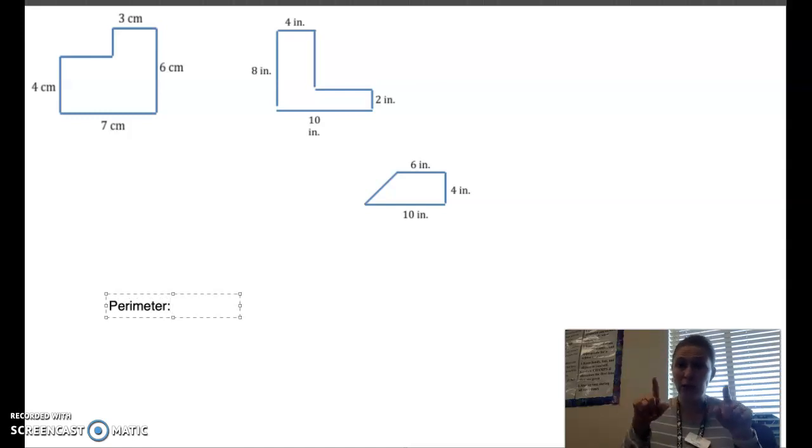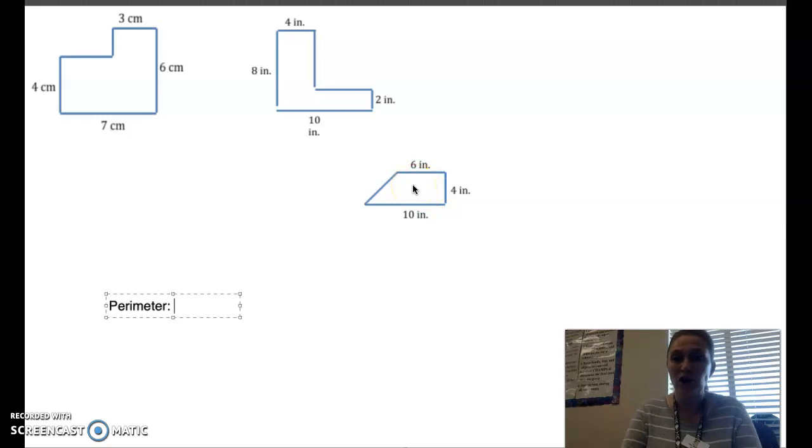How much fence would it take to go all the way around this odd-shaped field? Or maybe how many pieces of curbing do we need to fit around this particular shape? So those are the things we're talking about for perimeter.